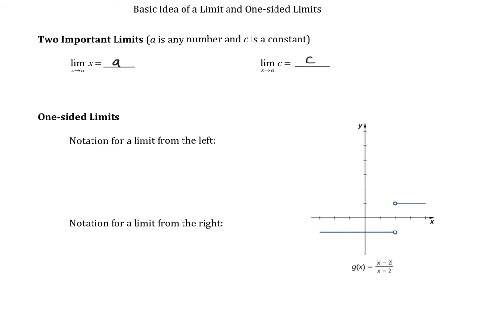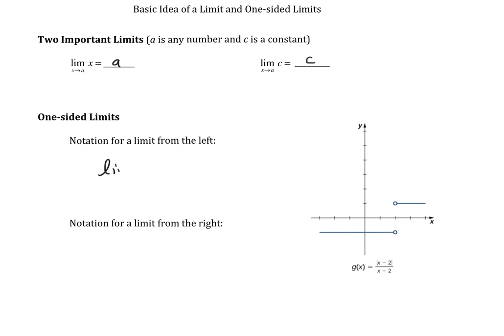Now, we have a special notation for something called one-sided limits. One-sided limits means you're taking the limit as you come from the left, or you're taking the limit as you come from the right. So let's write down the notation for these two types of limits.